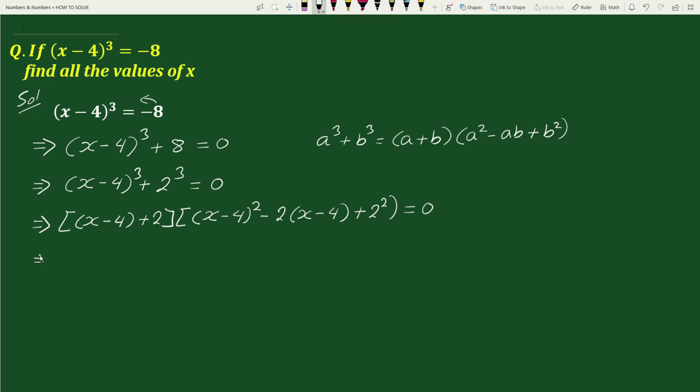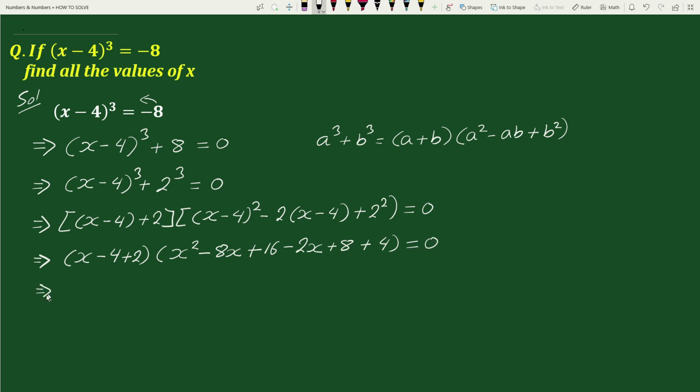This equals (x − 4 + 2) times, on expanding (x − 4)², we get x² − 8x + 16, multiplying −2 by (x − 4), we get −2x + 8, plus 2² is 4, equals 0.